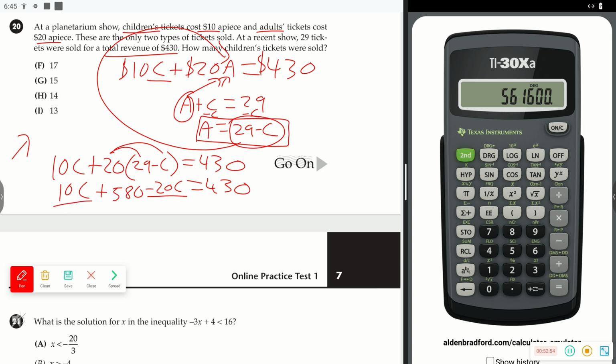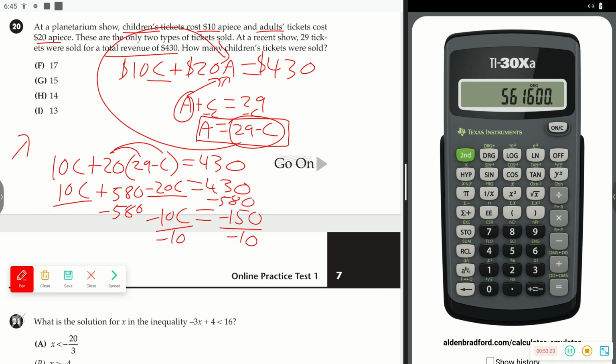So we have 10C minus 20C, that's going to be minus 10C. But we also want to get rid of this 580, so we're going to do minus 580 from both sides. 430 minus 580 is, I think it's negative 150. That looks right. And then we're going to divide both sides by negative 10.